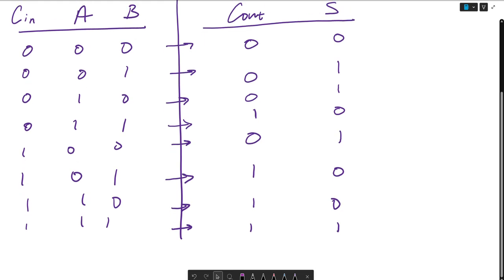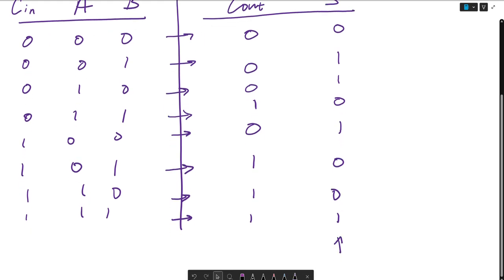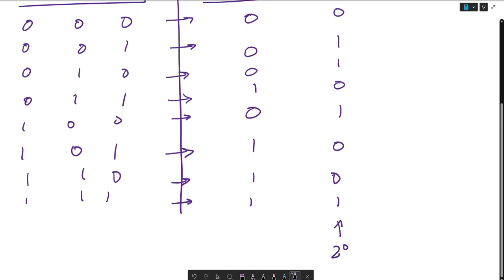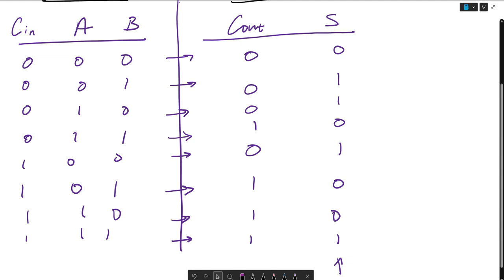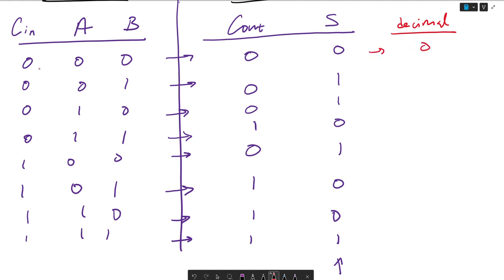The way you can look at this is this placeholder is 2 to the 0, and this placeholder is 2 to the 1. Where, again, if I had a decimal value portion, I would get 0, because 0 plus 0 plus 0 is just 0. 0 plus 0 plus 1 is 1. 0 plus 1 plus 0 is 1. 0 plus 1 plus 1 is 2.